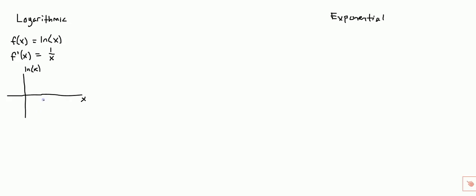So remember, ln of x passes through 0 at x equals 1, and it comes like this, and levels off. So below it, we'll graph f prime of x. If f prime of x is 1 over x, that looks like this, right?